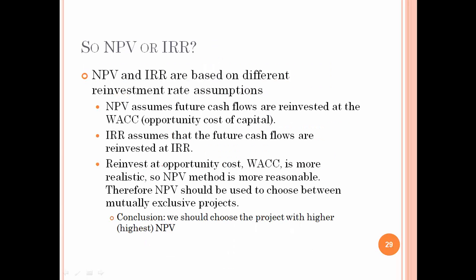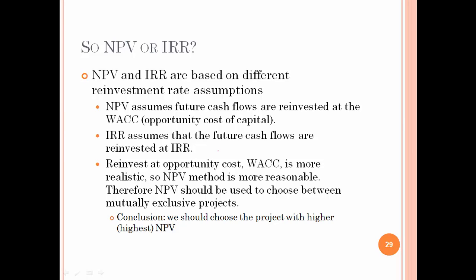NPV and IRR are based on different reinvestment rate assumptions. NPV assumes that future cash flows are reinvested at the WACC, which is the opportunity cost of capital. IRR assumes that future cash flows are reinvested at the IRR.